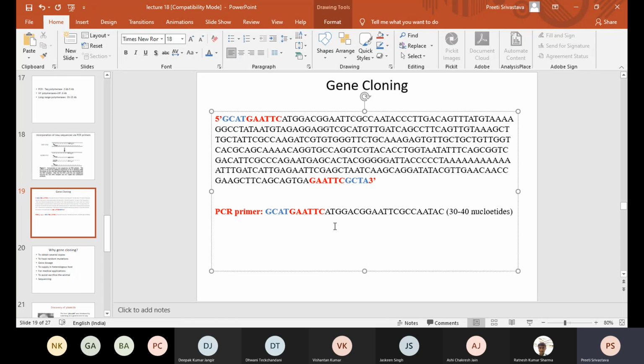See, the idea is that 10 nucleotides are not hybridized with the template. Then if you have only 6, the binding is not going to be good.